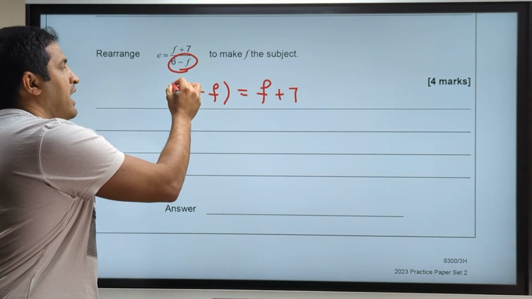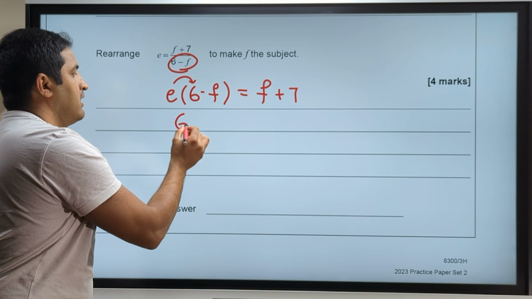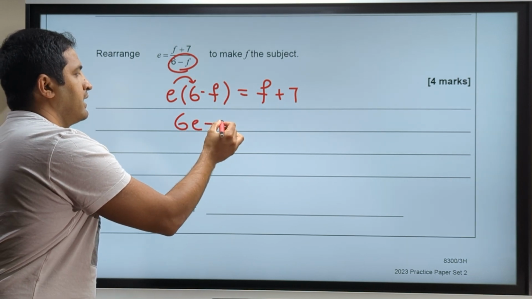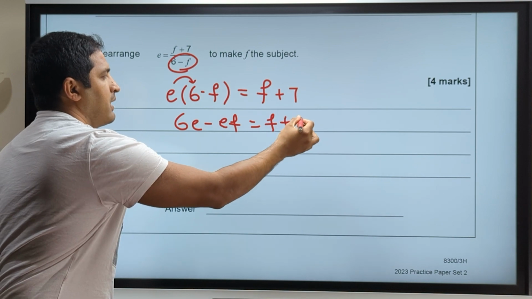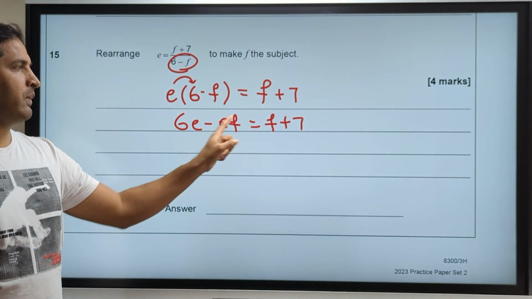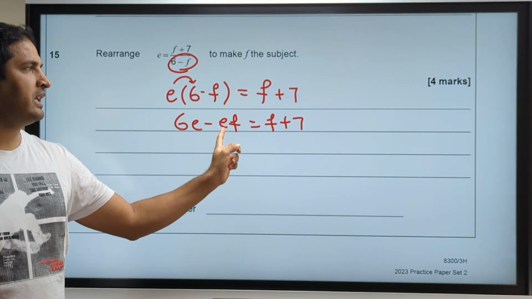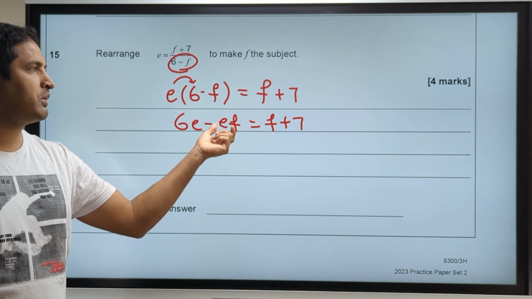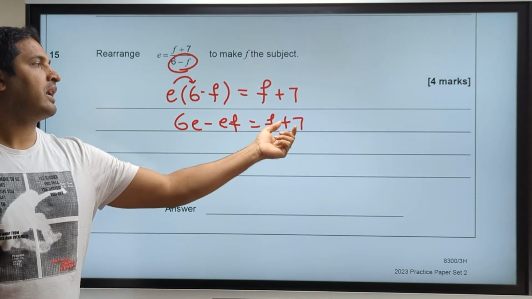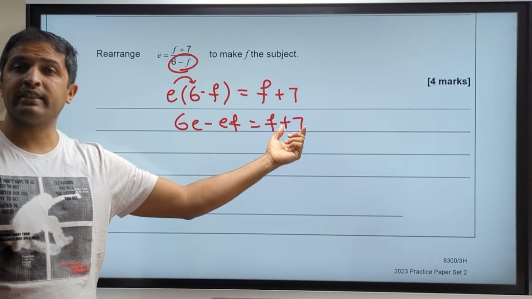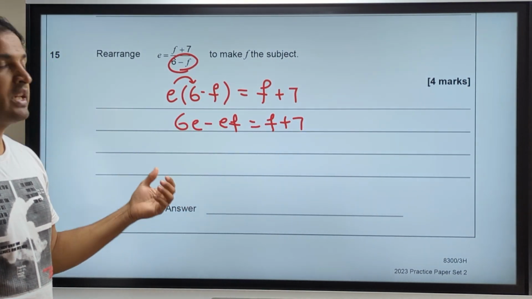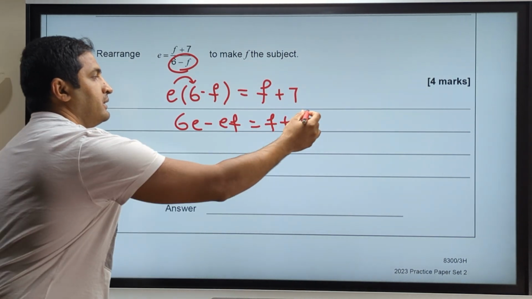If I multiply out the brackets, I get 6e minus ef, which is equal to f plus 7. Now take away f from both sides, or add ef on both sides. So get rid of the f from here, ef, and put it on the other side. At the same time, I need to get rid of that 7 as well, so I'm going to take away 7 from both sides.